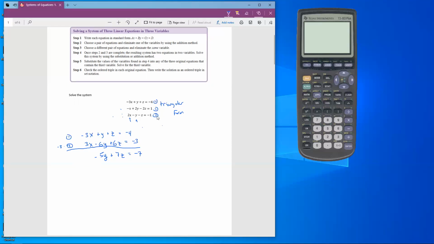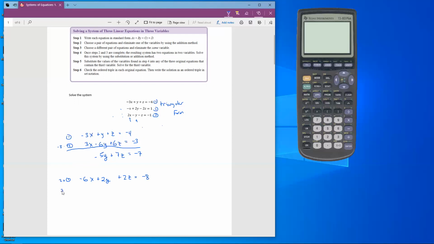Now I'm going to pick equation 1 and equation 3. I'm going to say 2 times equation 1, and that's going to give me negative 6x plus 2y plus 2z is equal to negative 8.